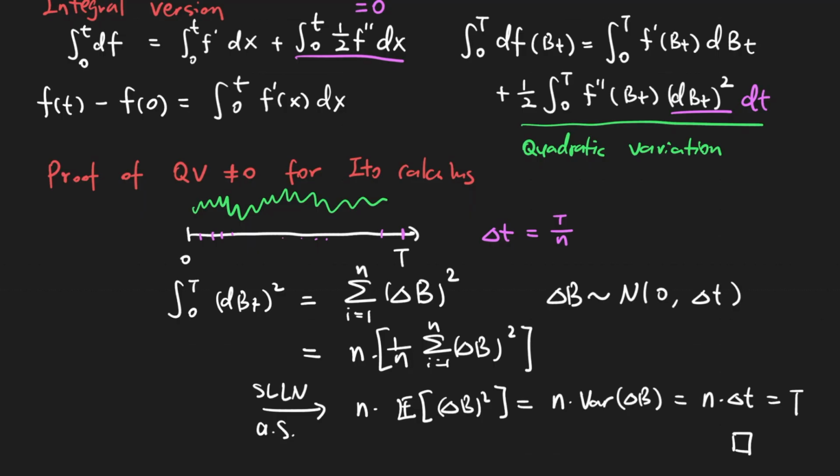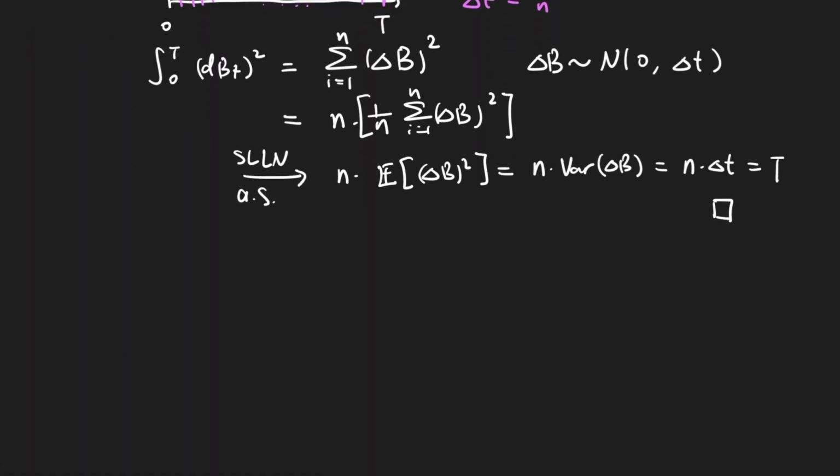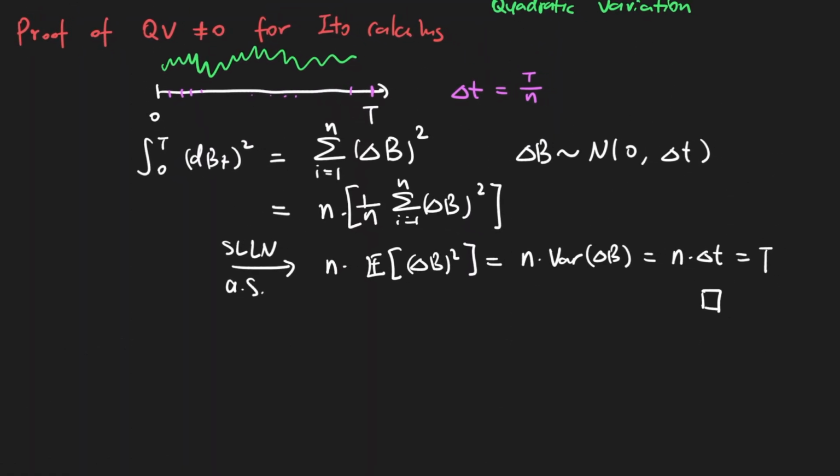We now see that the quadratic variation is not 0. Using this equation, we can write down the equivalent form for the differentials. This quadratic variation equals capital T, and for the capital T, we can write that as an integral from 0 to capital T of dt.